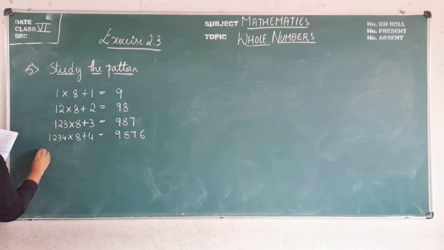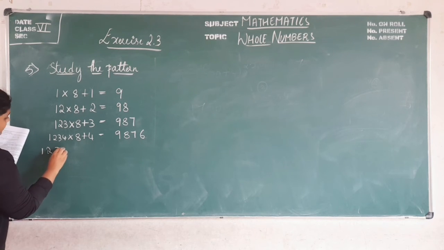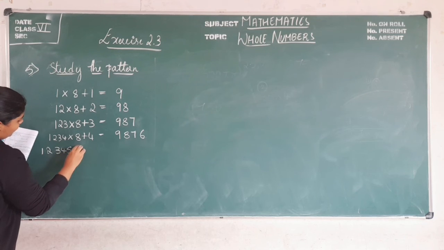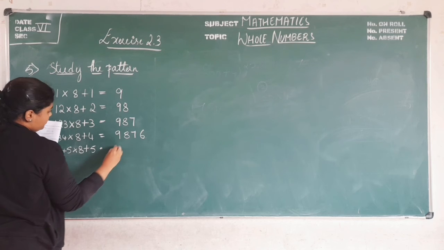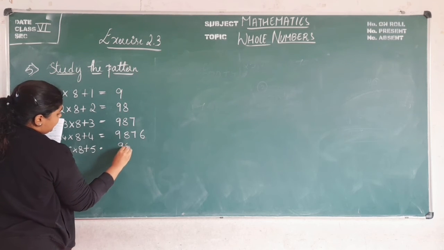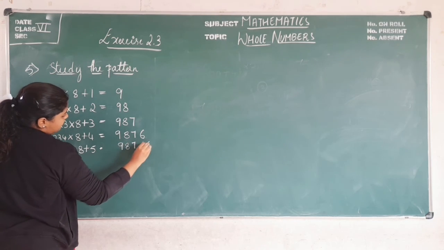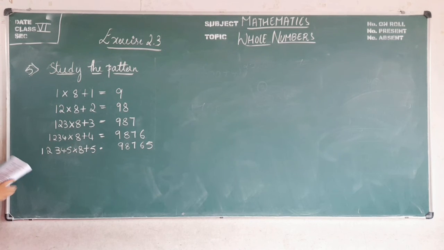Next they have given 12,345 into 8 plus 5 is equal to 98,765. So they have given a few equations.